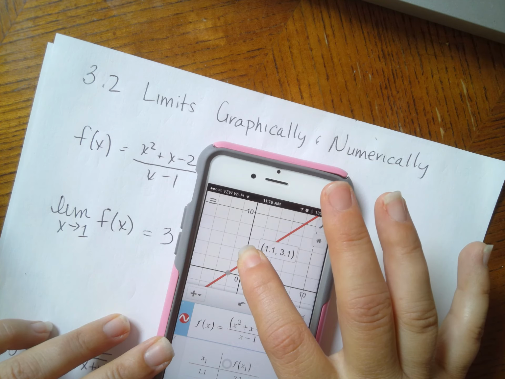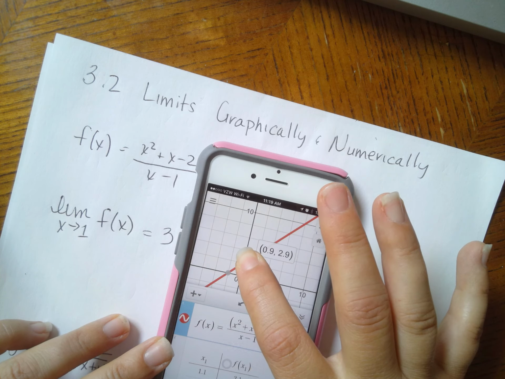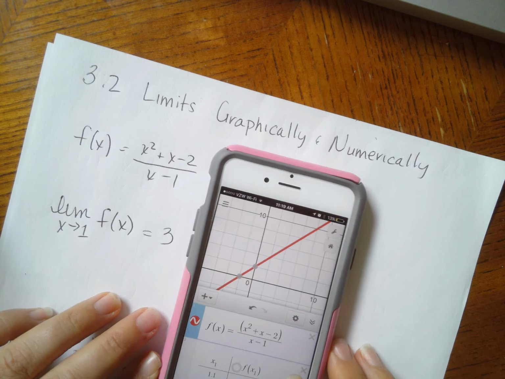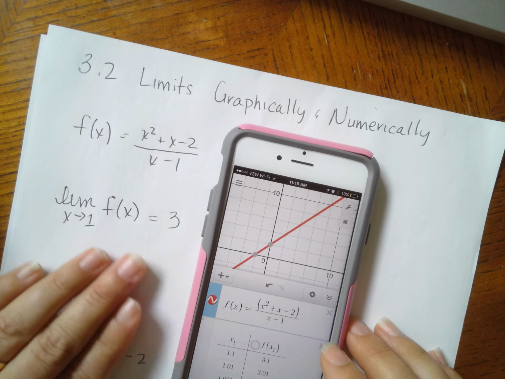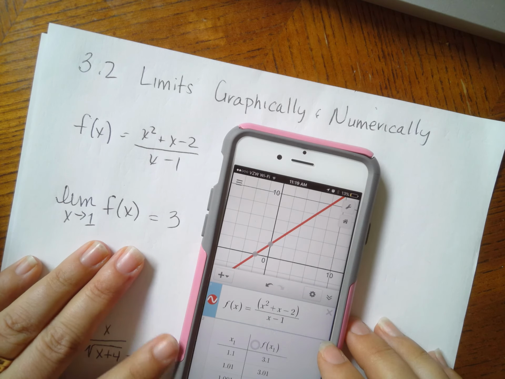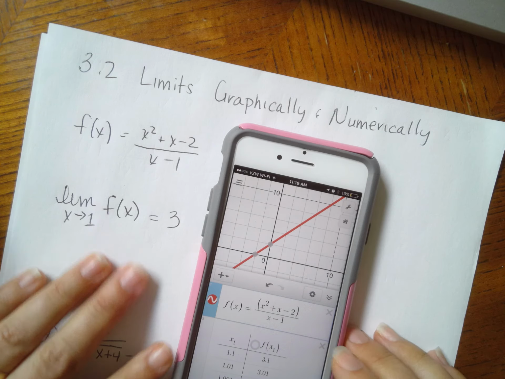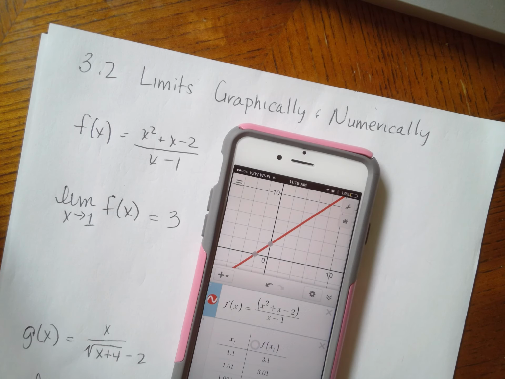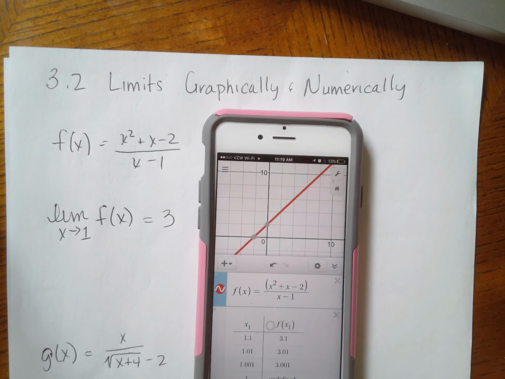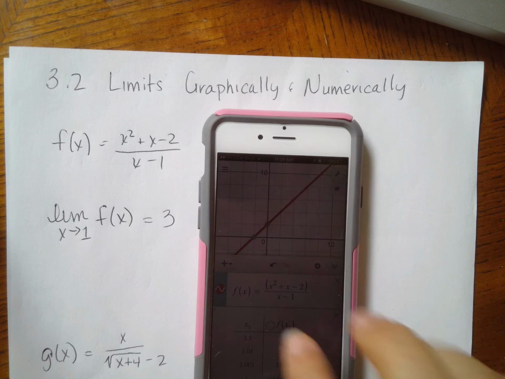And when I'm just to the right of it, the y value is a little bit smaller and a little bit larger than 3, depending upon which way I'm looking at it. So it doesn't matter if f of 1 is defined or not. When I'm talking about a limit, I'm actually not talking about what's going on at the point, because usually the point of looking at the limit in the first place is because we know there's something going on weird at that point.